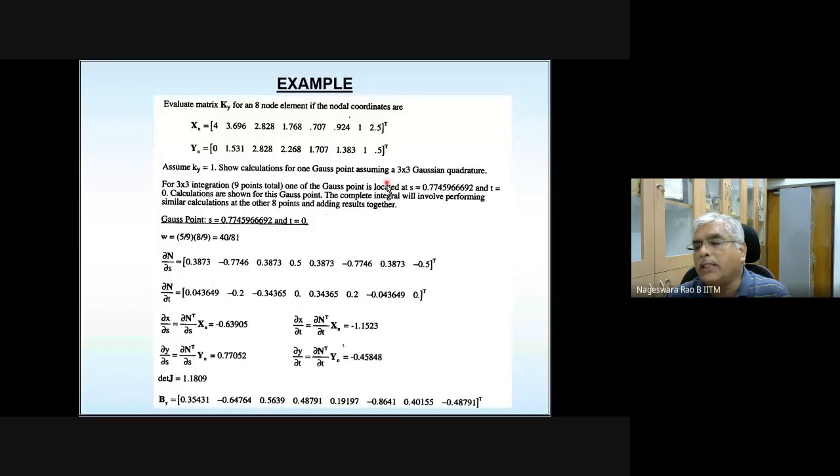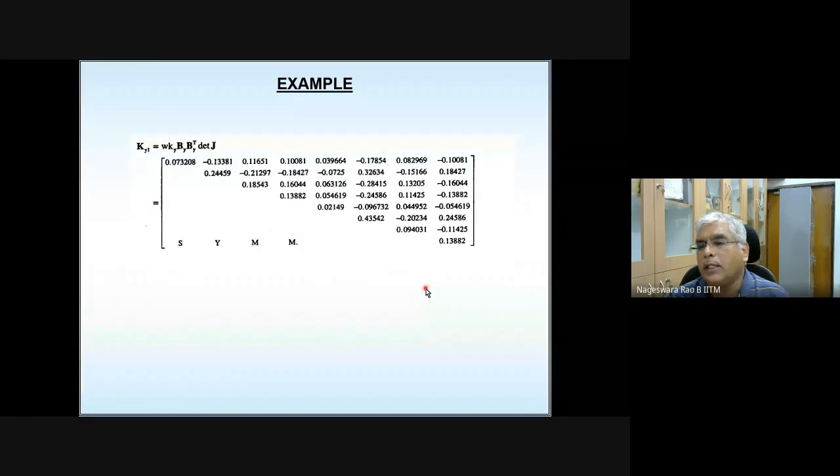Similar to what is asked in assignment 6, for the 8-node element, one of the matrices is illustrated here. But here only one integration point is shown, whereas you are asked to show all 3 by 3 integration, meaning 9 integration points, and sum them up.